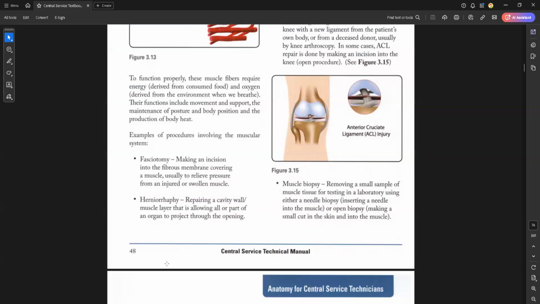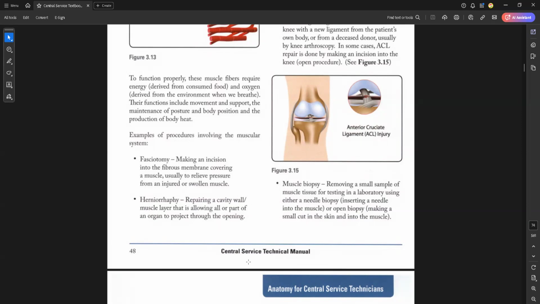We also have the muscle biopsy. When we say biopsy, I don't know if you are familiar with it, it is normally removing some small part of an organ for medical examination. They can take it from whatever part they want.